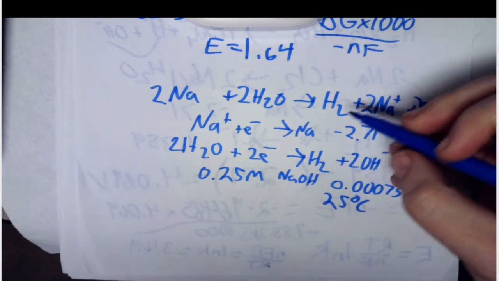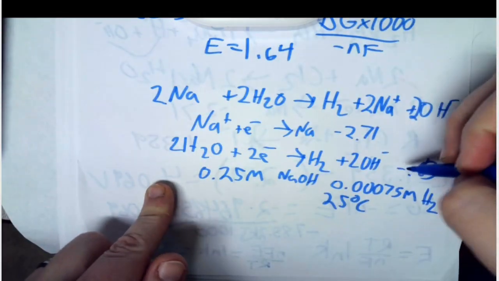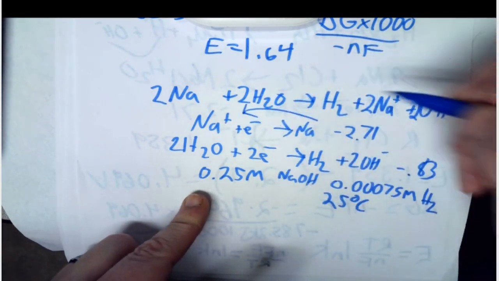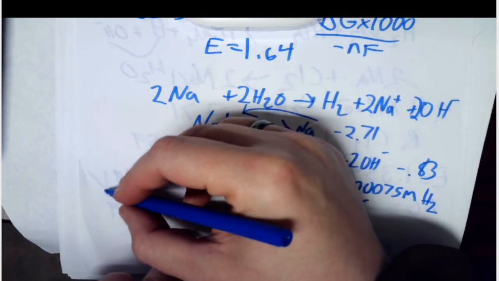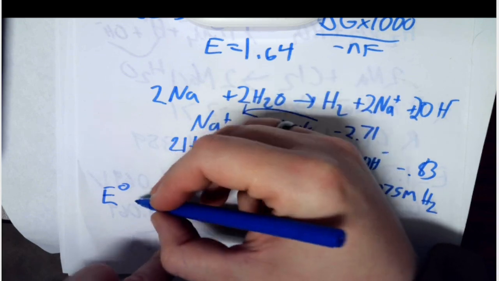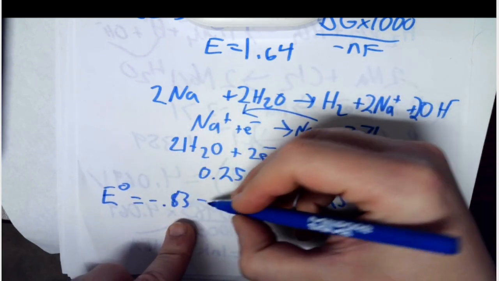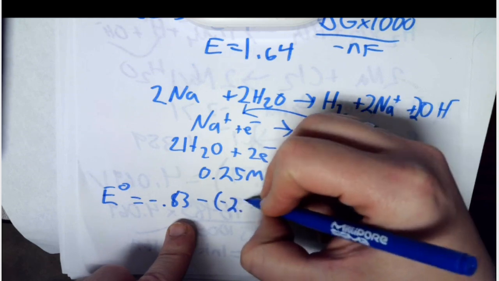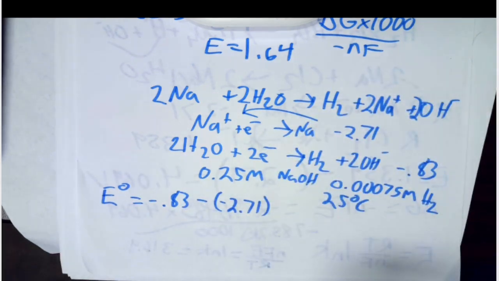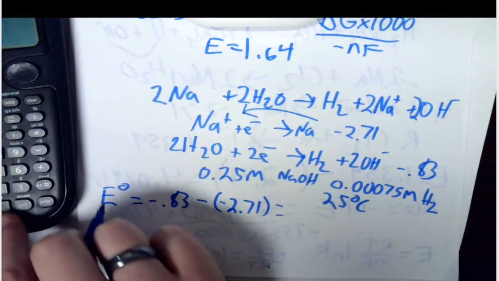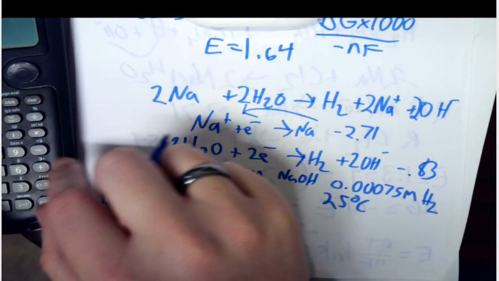The E cell standard is going to be, so this occurs as written, and this has been reversed. So the E naught is going to be negative 0.83 minus a negative 2.71. A negative, of course, is a positive.